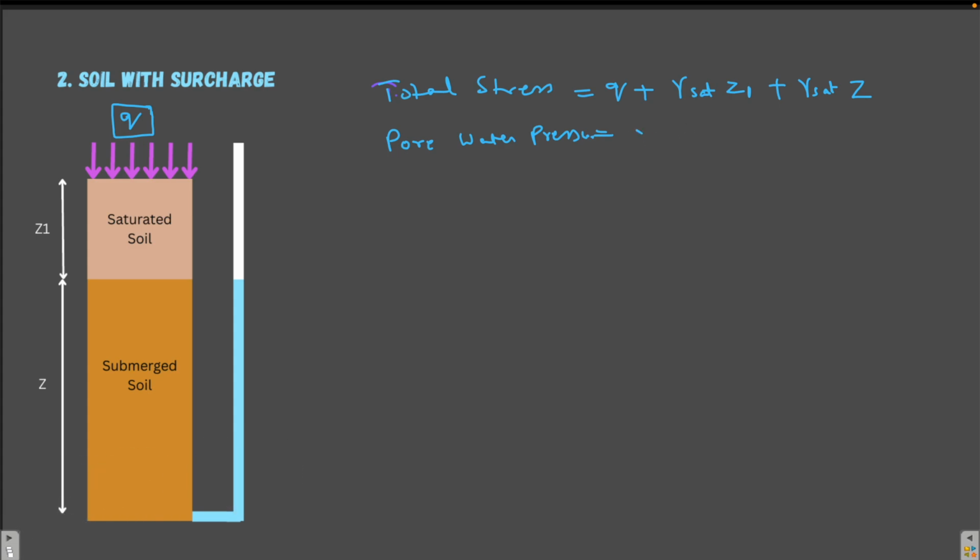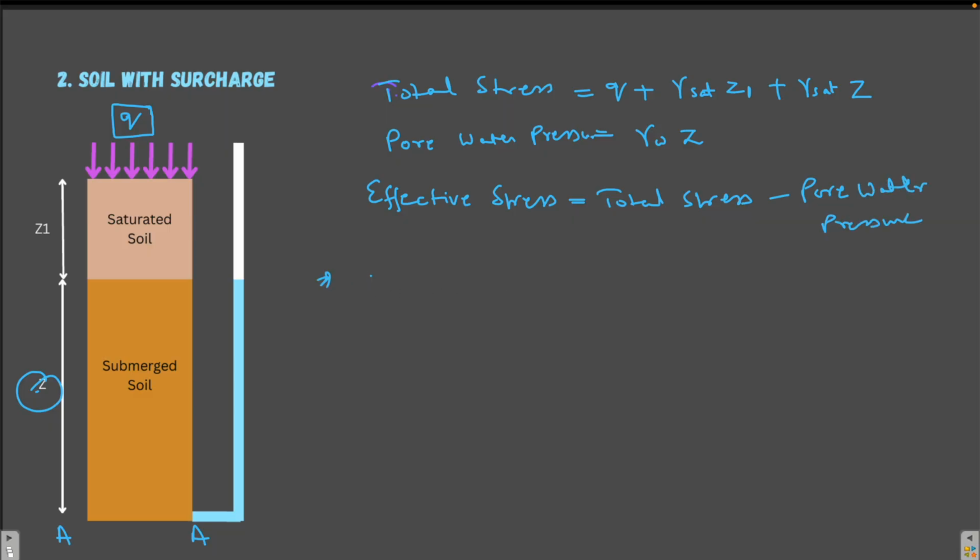Pore water pressure will be gamma W into Z, only up to this depth. Now what will the effective stress be? Effective stress of the soil at this point, we are calculating this at this point A, will be total stress minus pore water pressure.